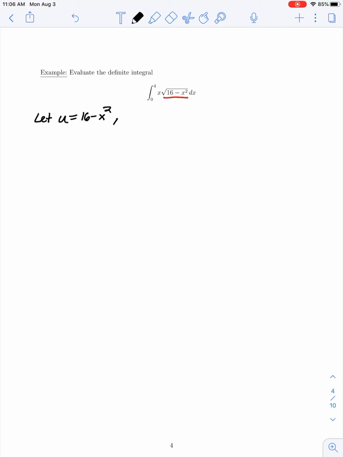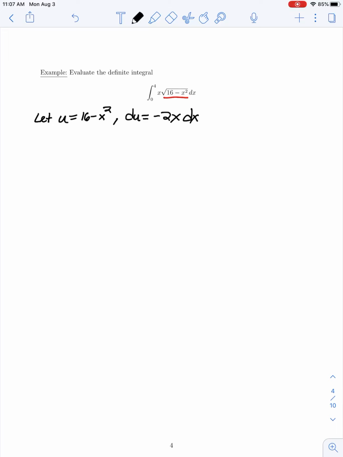Now, once we choose u, our next step is to find the differential of u. Now recall the differential of u is the derivative of u, so in this case, negative 2x times the differential dx.